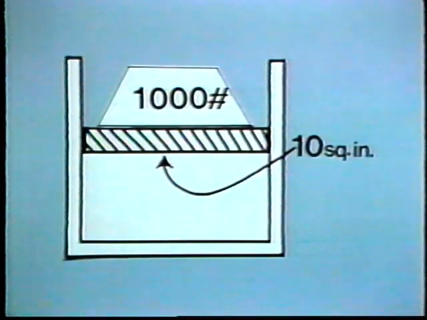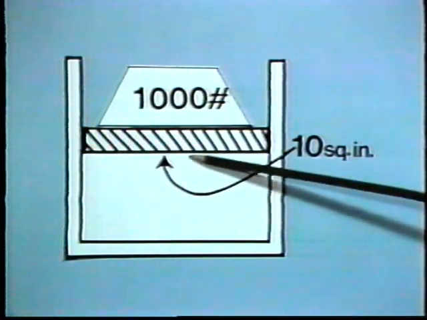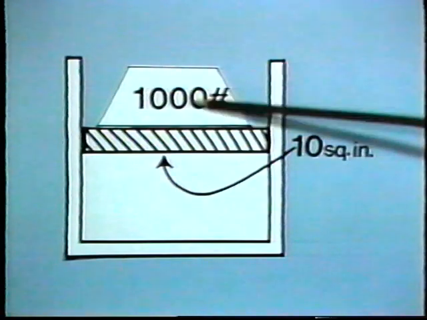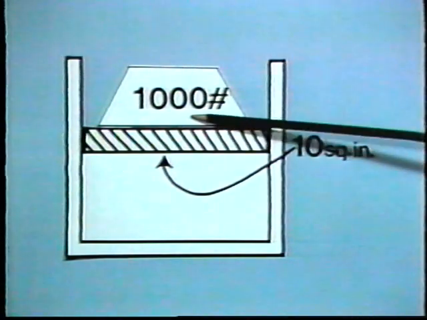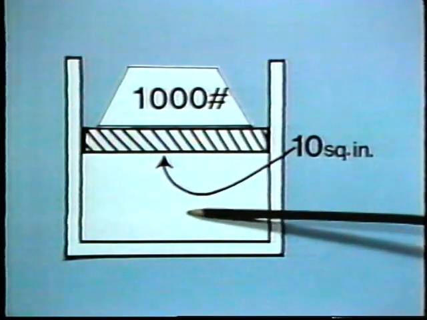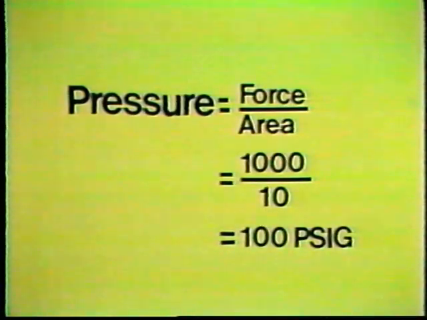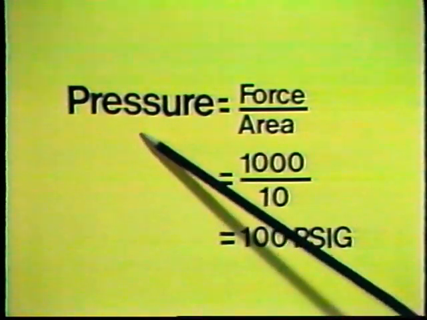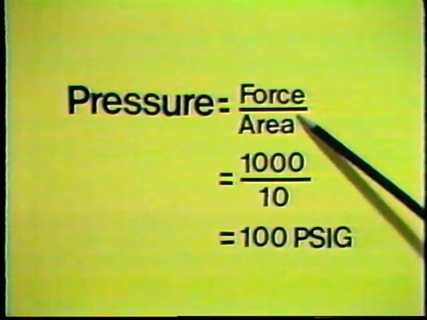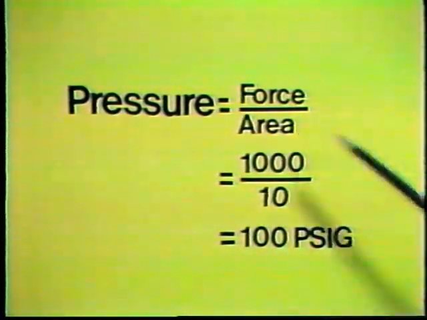Now let's say we calculate the area of a piston and find it to be 10 square inches. And suppose we have a force of 1,000 pounds. How much pressure will be generated in the gas? The formula used to find out is pressure equals force divided by area.